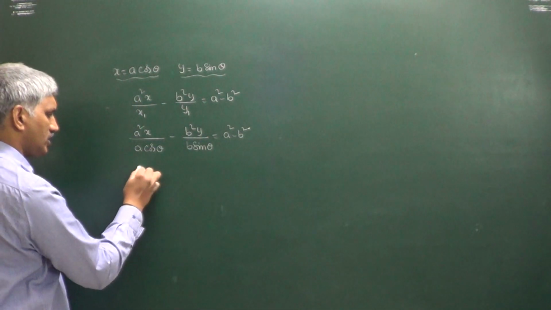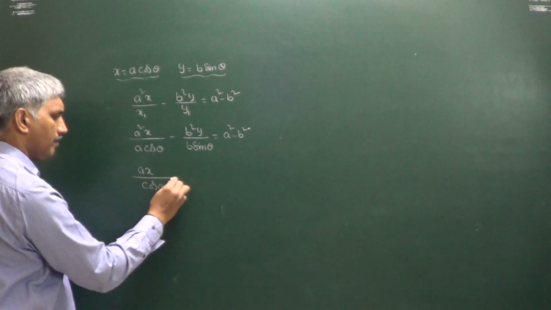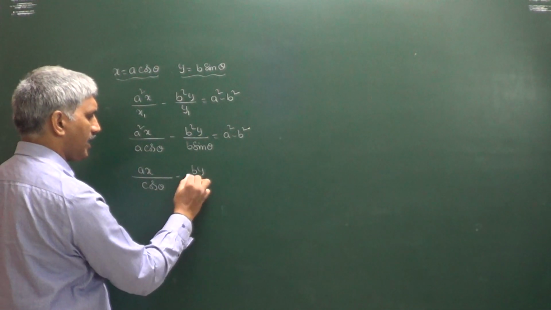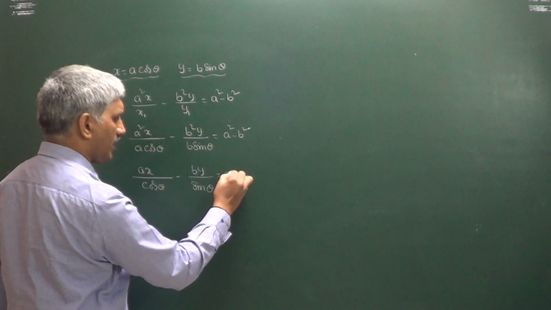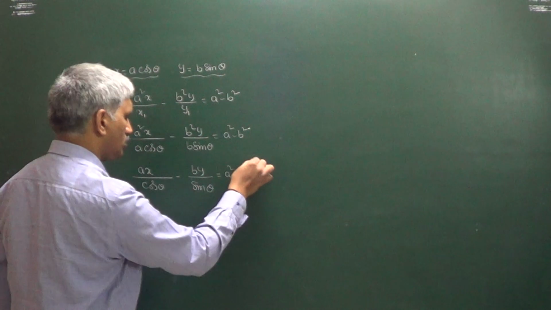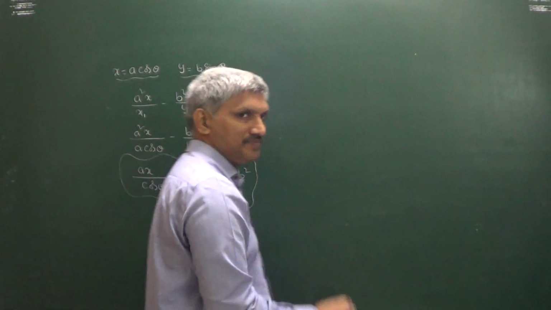Now this simplification we can write as ax divided by cos theta minus by divided by sin theta is equal to a square minus b square. So this is the equation of the normal in parametric form.